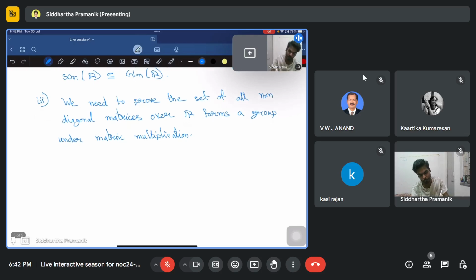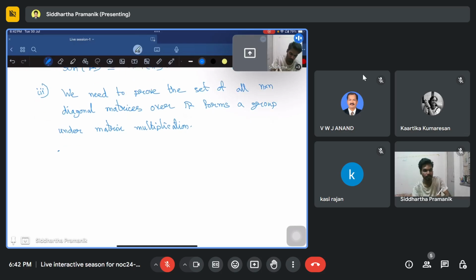First one is the closure. It is a standard fact from matrix theory that the product of two diagonal matrices is again diagonal, right? So if A and B belong to D(n,R), that means these two are diagonal matrices whose determinants are non-zero.